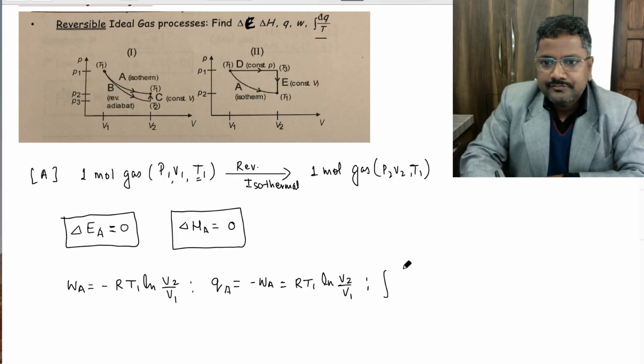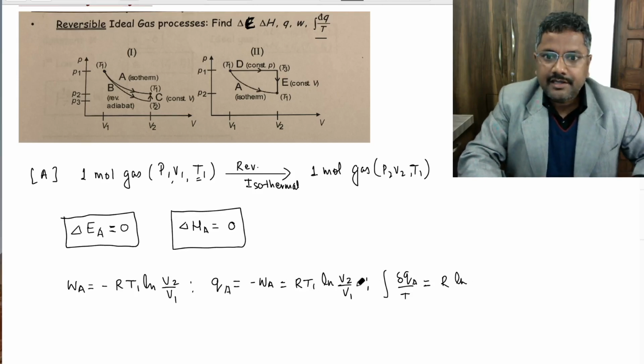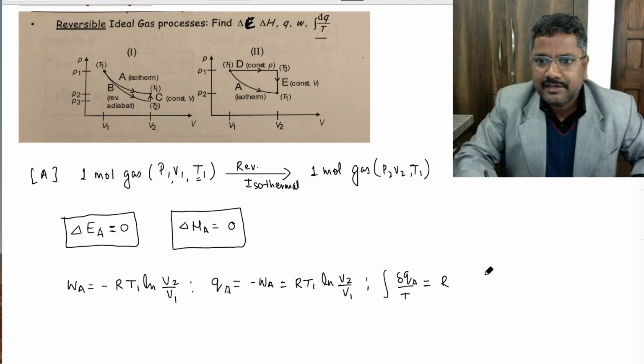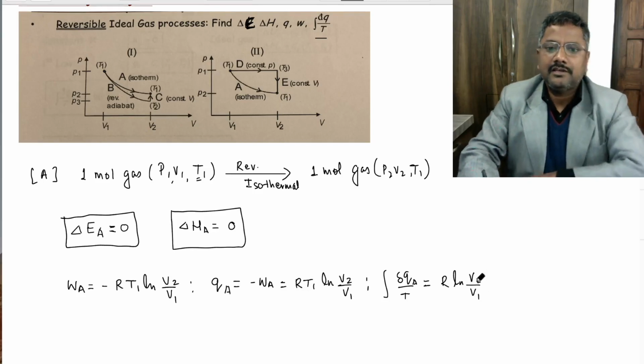And delta Q by T, basically this is QA by T. This is equal to R ln V2 by V1, because T cancels; temperature is constant, T1 is the temperature.